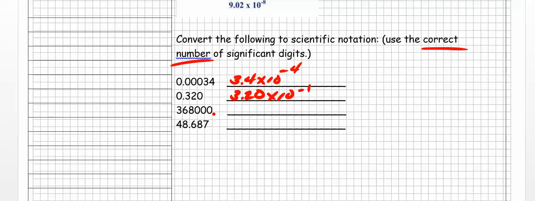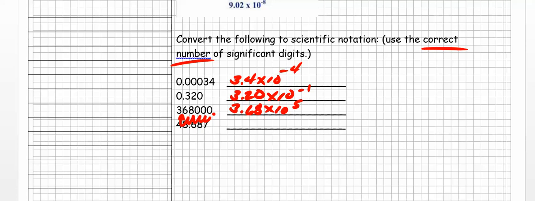Let me do that again. 1, 2, 3, 4, 5. That's pretty close together, so it's hard to see. But that was 5. So I'll write my number as 3.68 times 10 to the 5th.